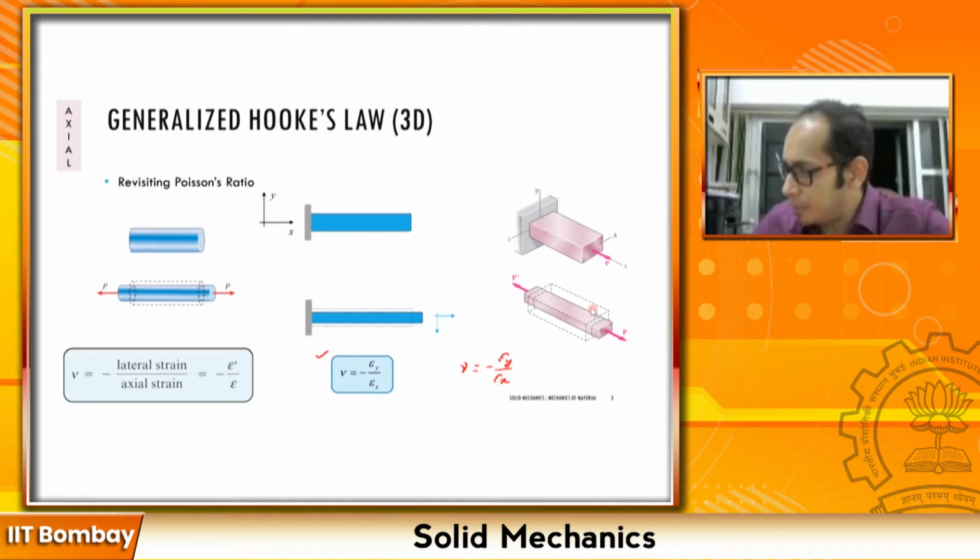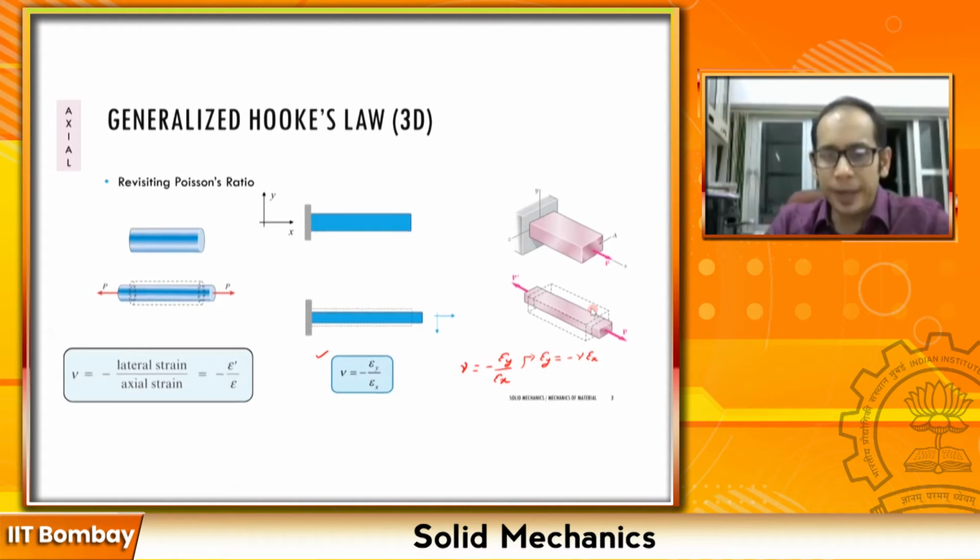And I can write this a little further, that my epsilon y becomes equal to negative nu epsilon x. Now in addition to the y direction, I can also write my nu as negative epsilon z divided by epsilon x, to account for the contraction in the z direction.